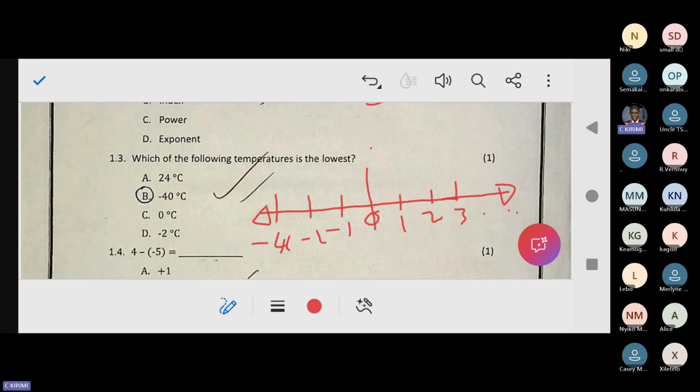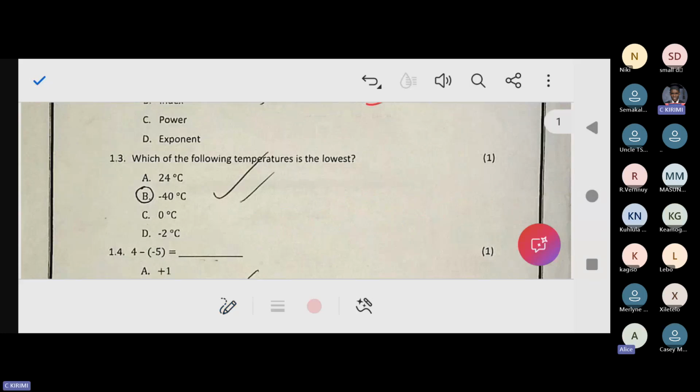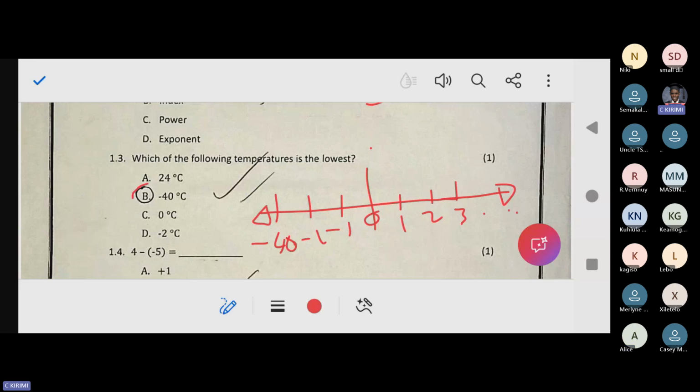If a number is negative, it means it's very cold, like in a freezer. If a number is very high, it's very hot, like on a stove. So the lowest one is where it's freezing, the negative temperature, which was B.